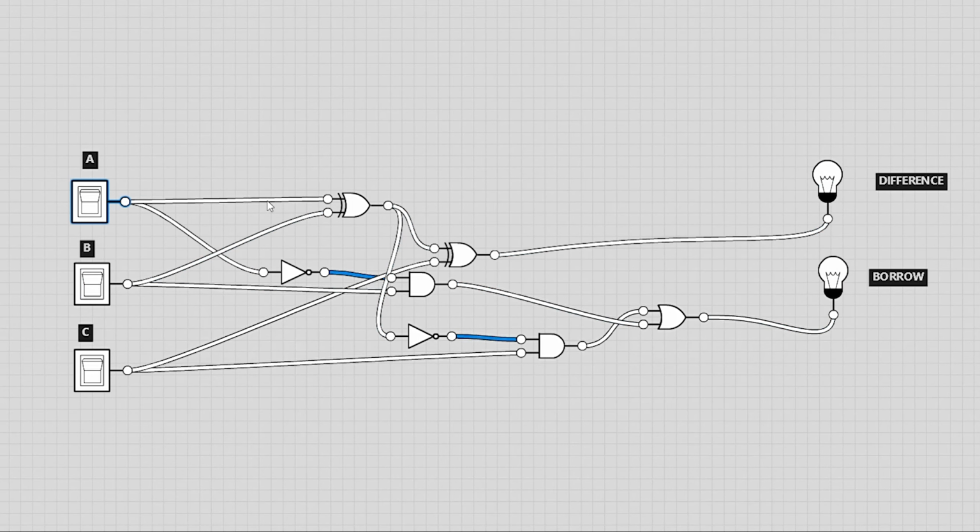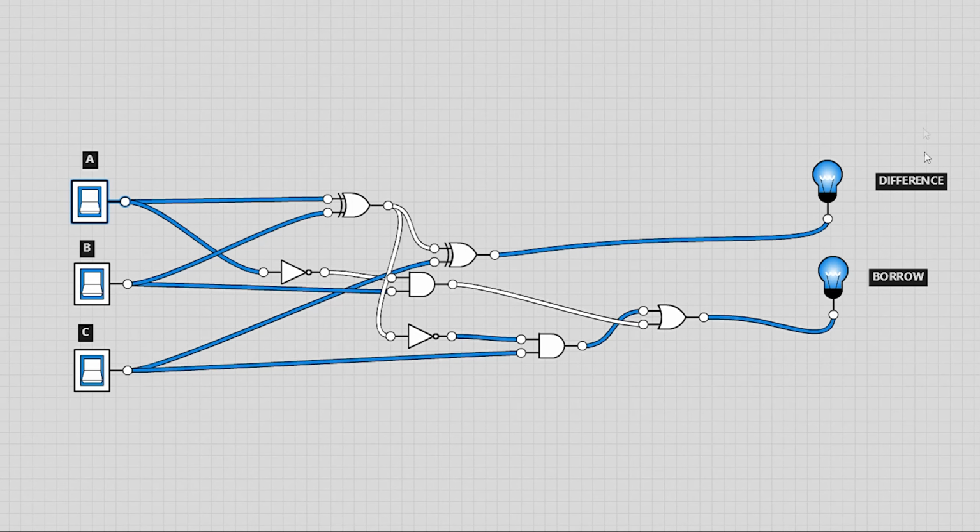When all the inputs are 0, the difference is 0 and the borrow is also 0. When all the inputs are 1, the difference is 1 and the borrow is also 1.